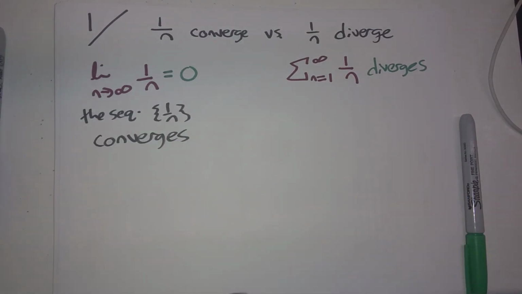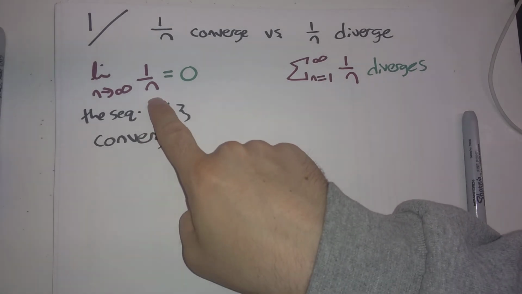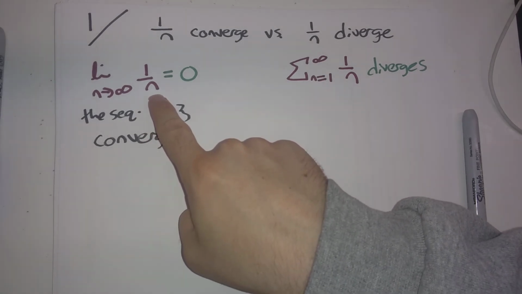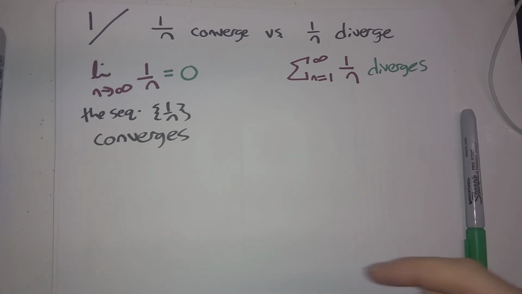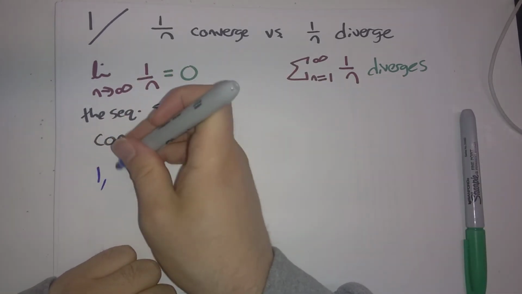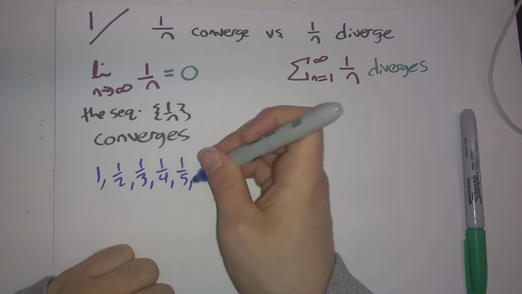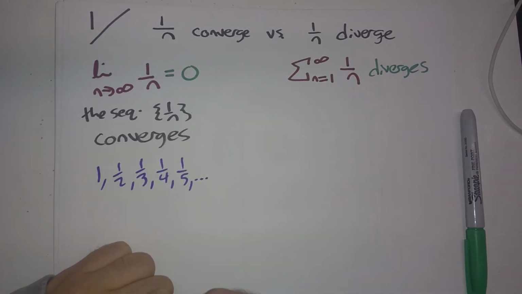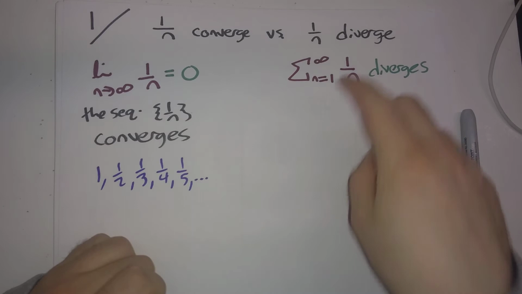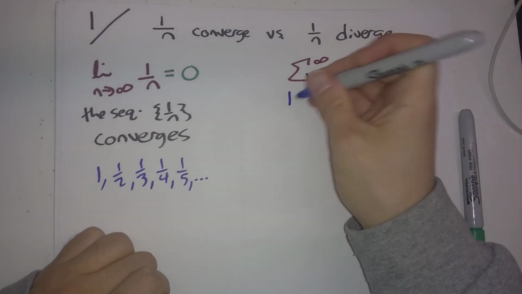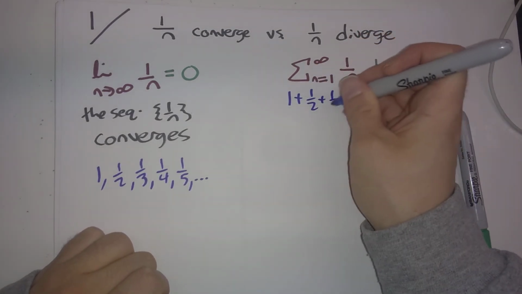For the sequence, we're just looking at the individual terms. So we're looking at the sequence 1, 1/2, 1/3, 1/4, 1/5. These are getting closer and closer to 0. It's converging to 0. When we're looking at the series over here, we're adding up all the terms.